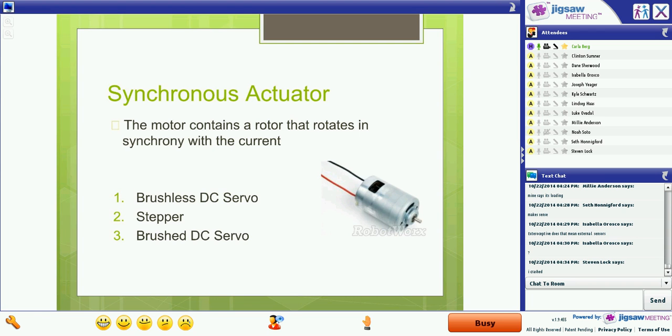It goes like in little hops or little steps. The drawback of the stepper motors or the stepper actuators is that they use lots and lots of energy.